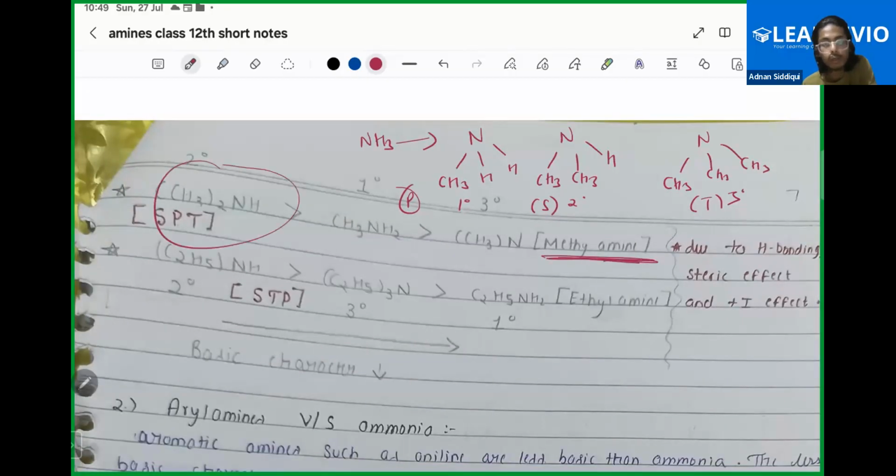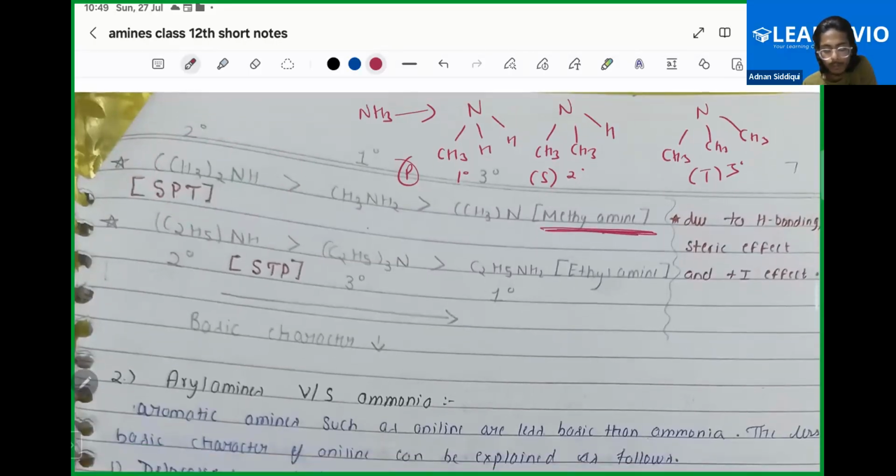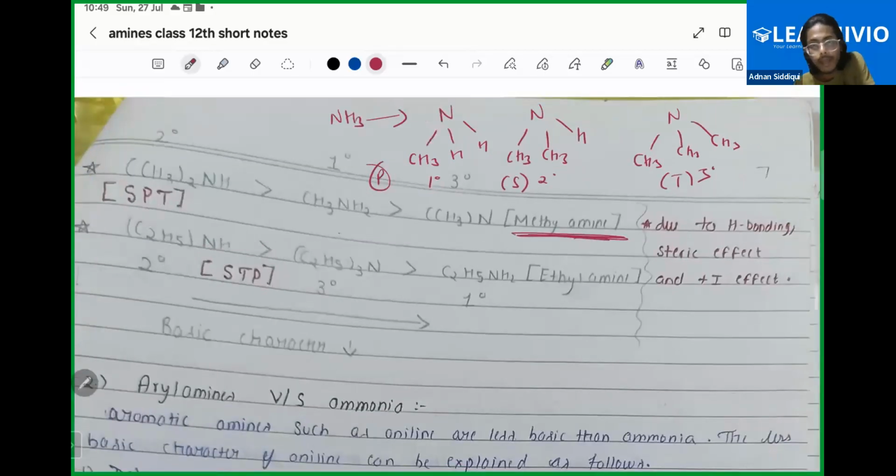The secondary amine is going to be the strongest base, then primary, then tertiary. But what if you are replacing your hydrogen with ethyl? Then you are going to observe the STP order: secondary, tertiary, and primary. The reason behind it is hydrogen bonding, steric effect, and plus I effect. After including all of these factors, the experimental data showed these two orders in aqueous solution.